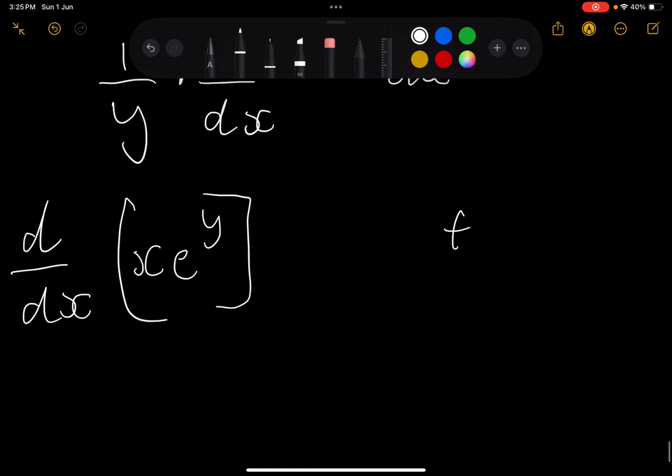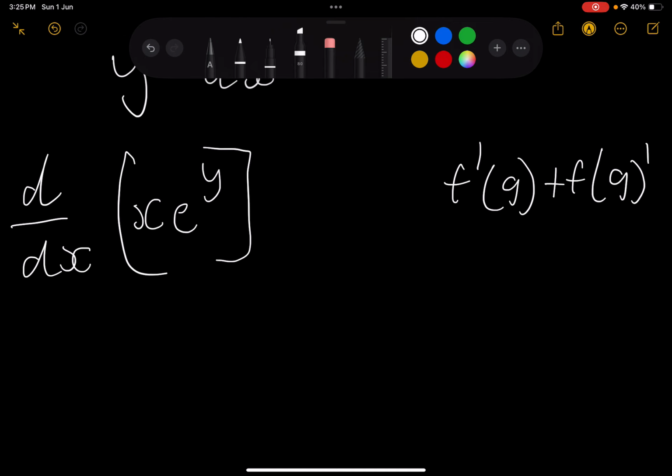Now in this case we actually have to use the product rule, which I will write down over here. So first of all, what is the derivative of this?